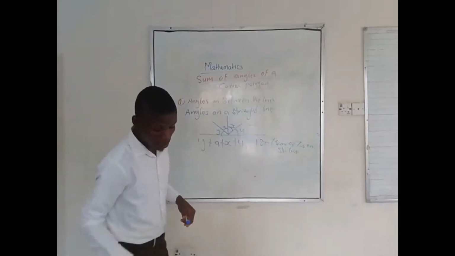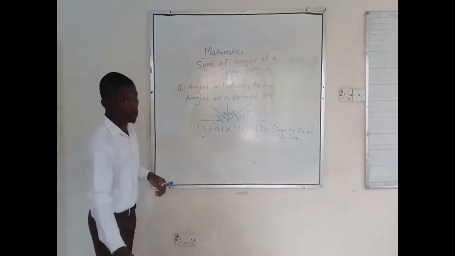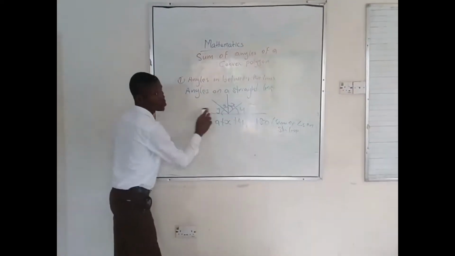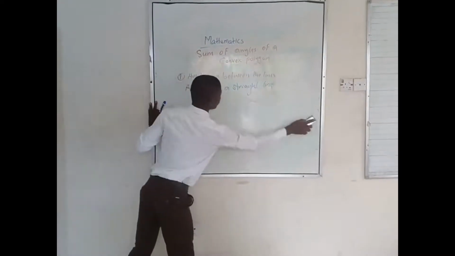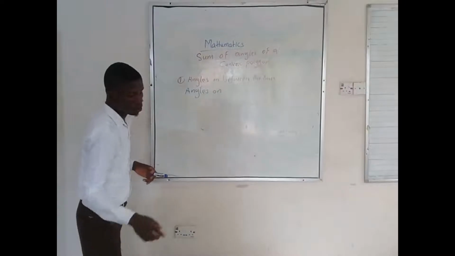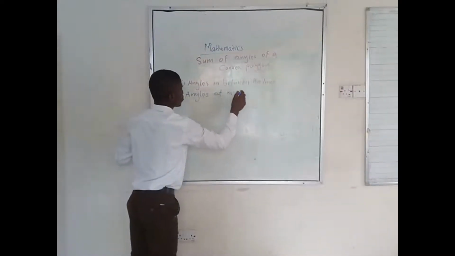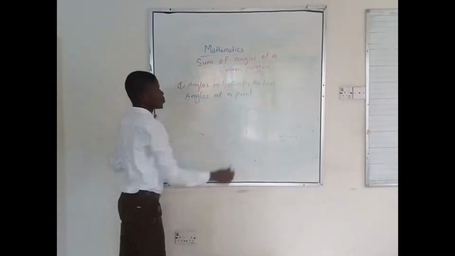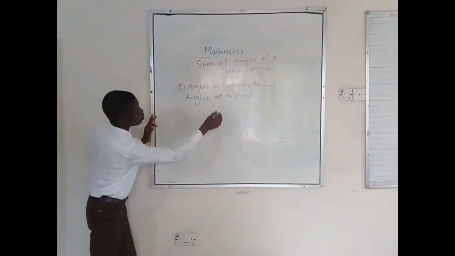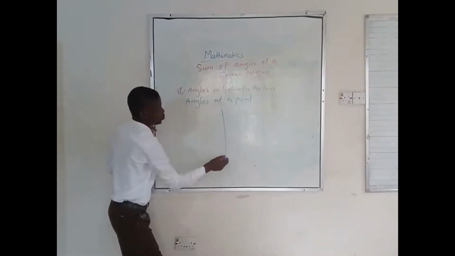Then the second one is angles at a point. The angle at a point, for instance, I have a shape like this.